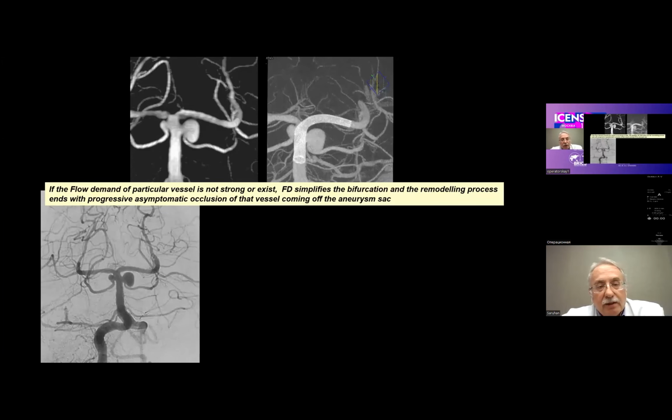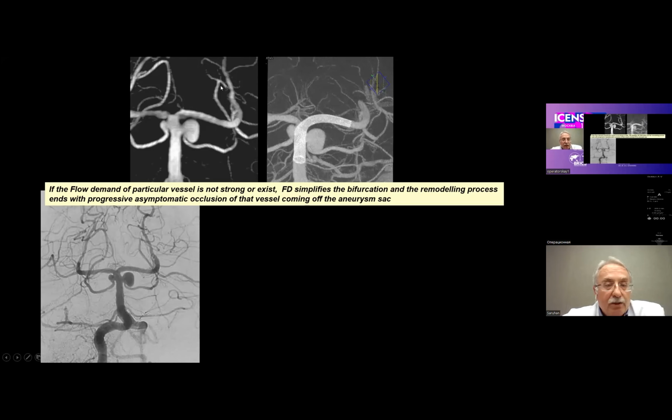If the flow demand of the particular vessel is not strong, the flow diverter simplifies the bifurcation, and the remodeling process ends with progressive asymptomatic occlusion of that vessel coming off the aneurysm sac.